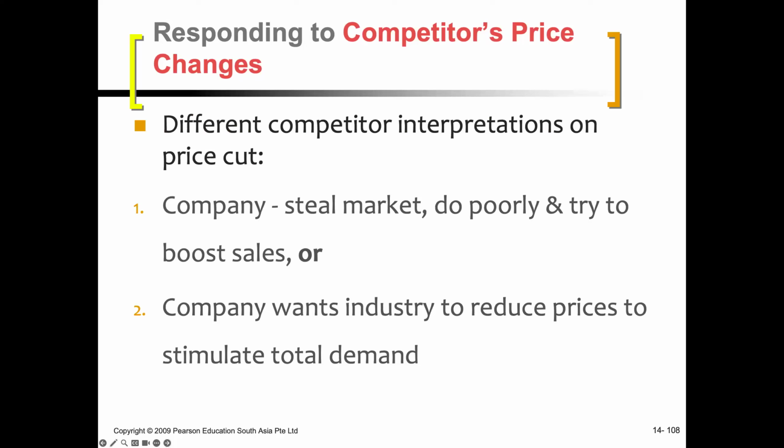Different competitor interpretations of a price cut: the company wants to steal the market, or you are doing poorly and trying to boost sales, or the company wants the industry to reduce prices to stimulate total demand.